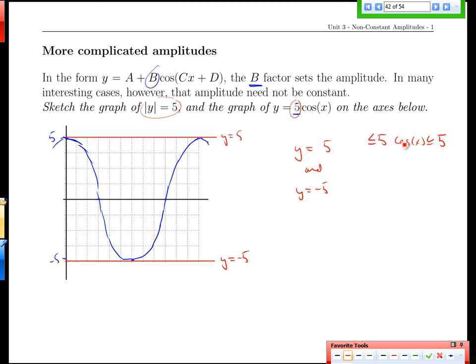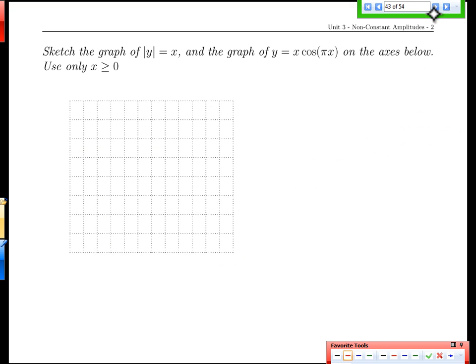And because the smallest cosine ever gets is negative 1, we can always bound our graph of 5 cos x between 5 and negative 5, those nice simple values. But what if we trade in this 5 for something a little more interesting? What if we trade that 5 in for the function x, not constant?